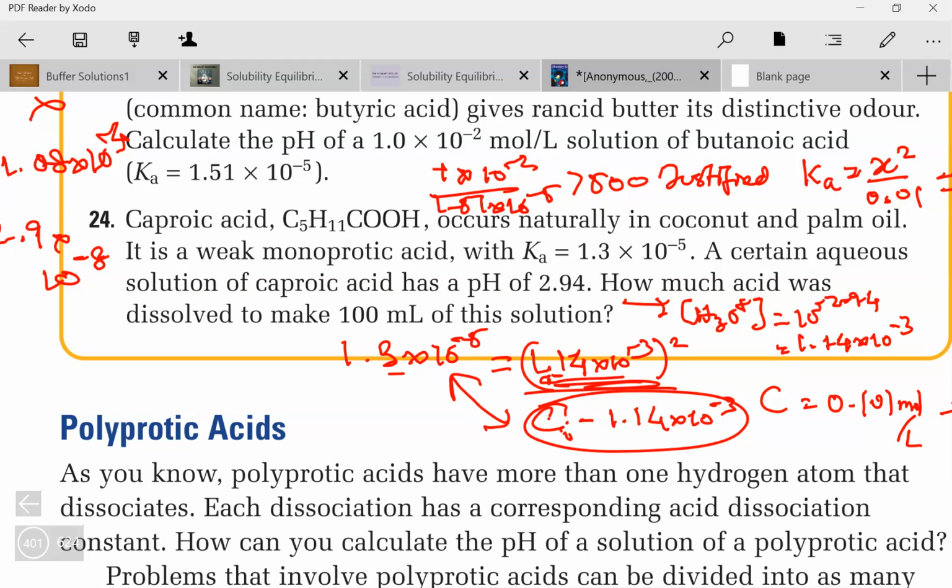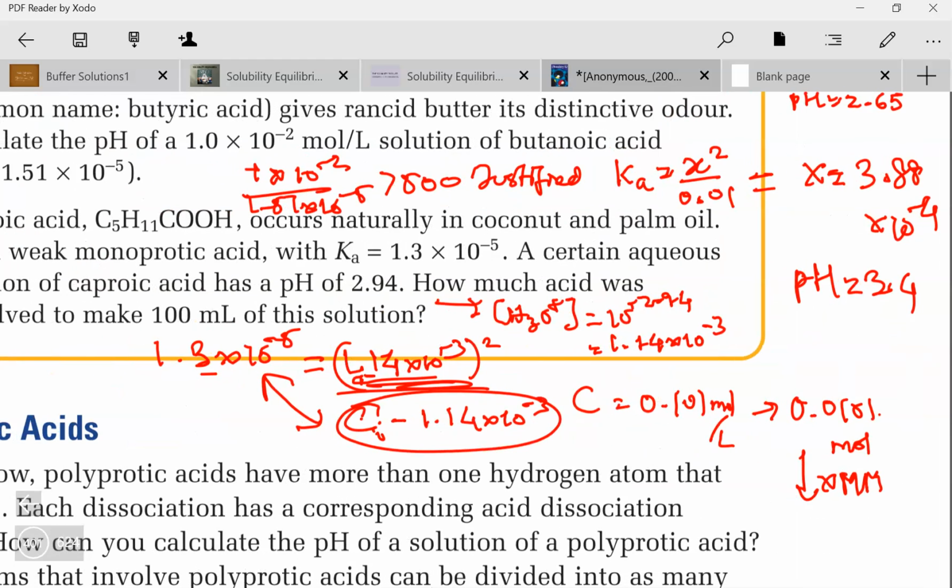And I have to dissolve, therefore, 116.16 grams. Oh, that doesn't make any sense. Times 116.15. I stand corrected. I have to dissolve 1.174 grams of this acid in 100 milliliters of solution to get that pH.